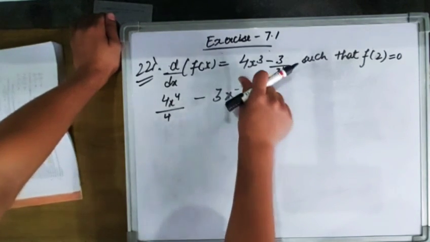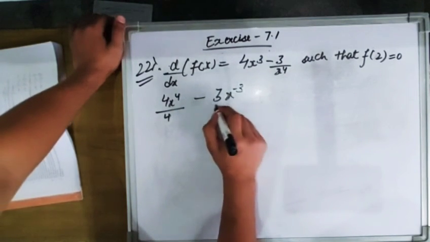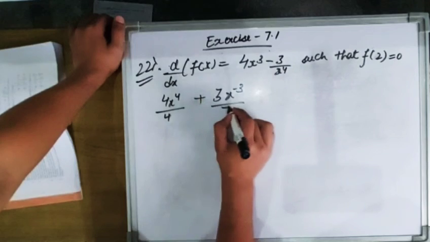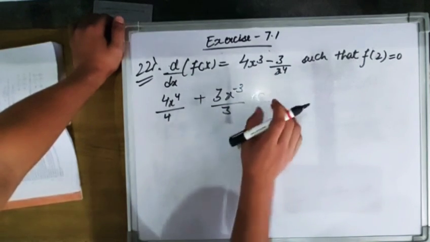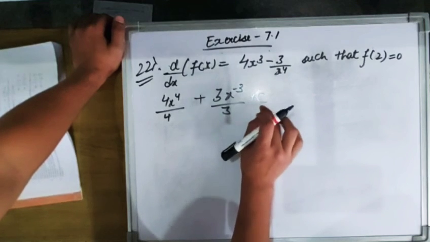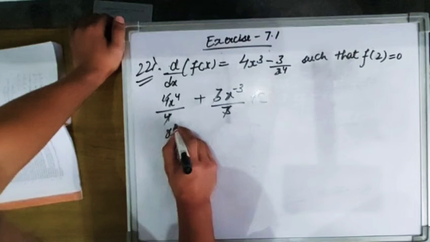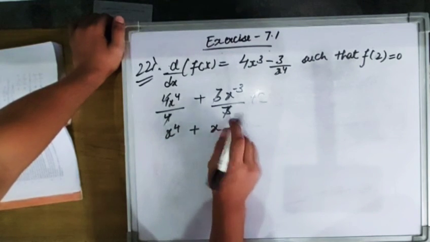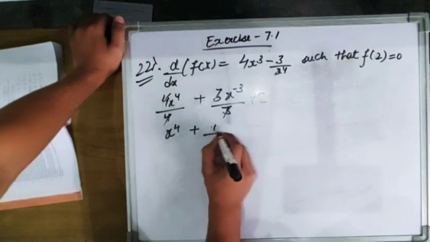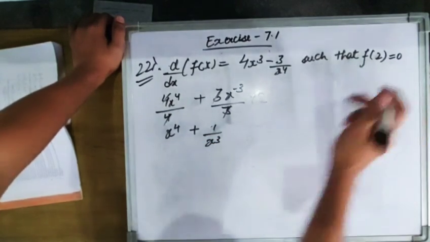Simple. Now finding the integration, we have minus 3 as it is, dividing by minus 3 as well, plus c. But we need to find the value of this constant term. So we have x raised to power 4 plus 1 upon x cube plus c.